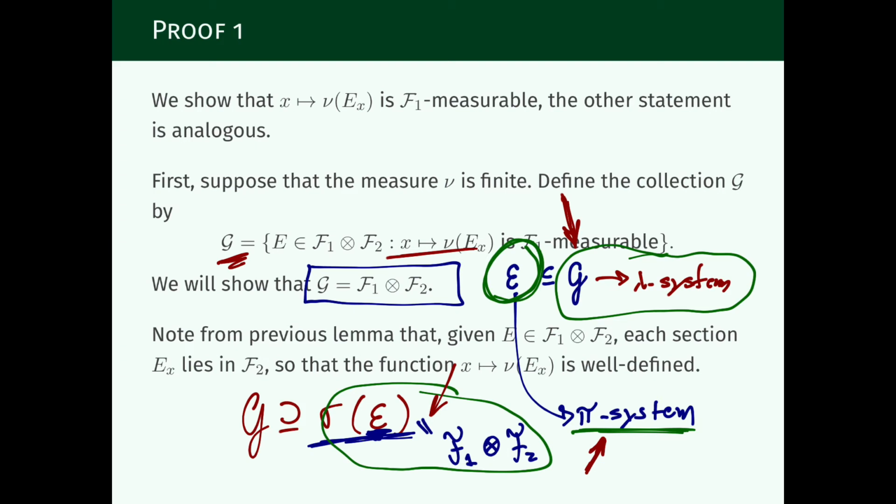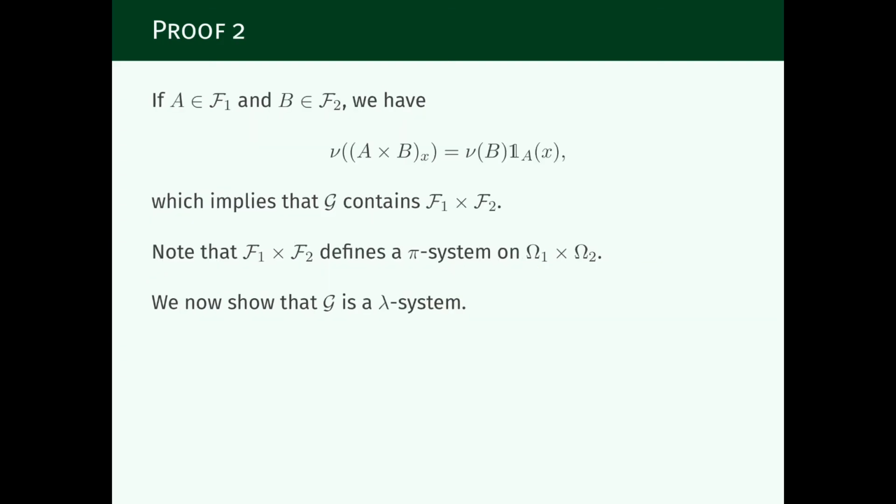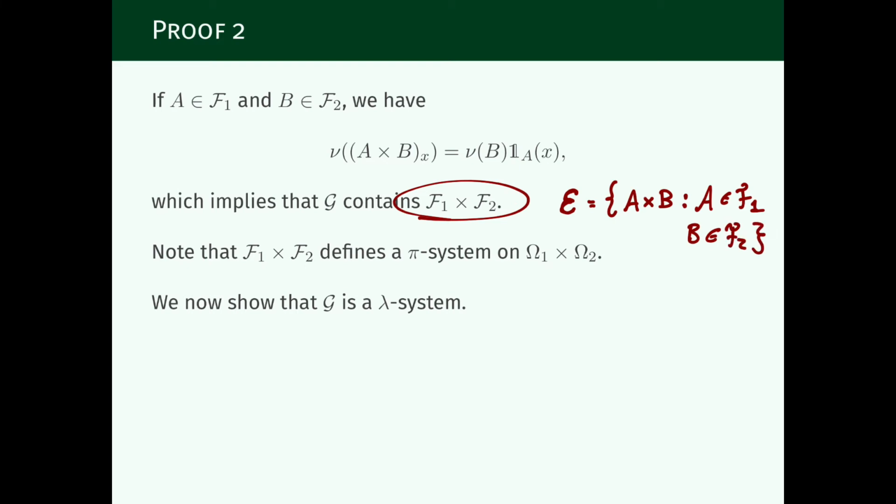So let us give E. What is E? We're going to take E to be just the set of rectangles. So E will be this set here, which we already defined. It's just a set of rectangles, sets given simply by the Cartesian product of a measurable set in the first sample space and another measurable set in the second sample space.